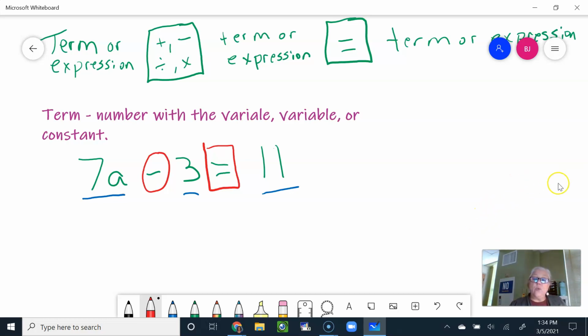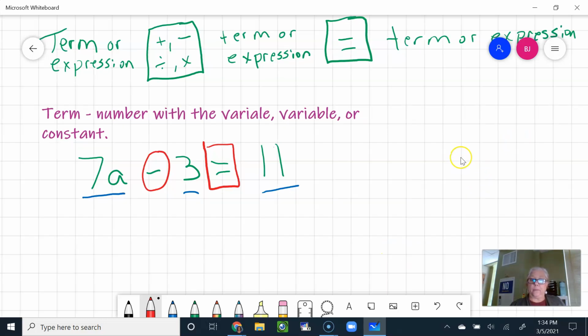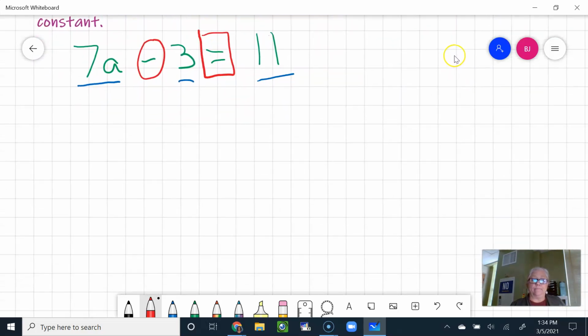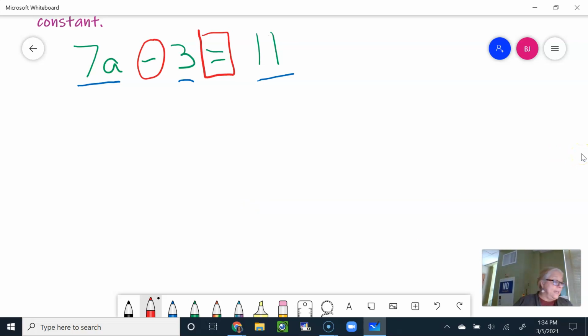All right, so let's move on here. Tell me if this right here is an equation. If I were to put 5a, and that does not even look like an A, does it?